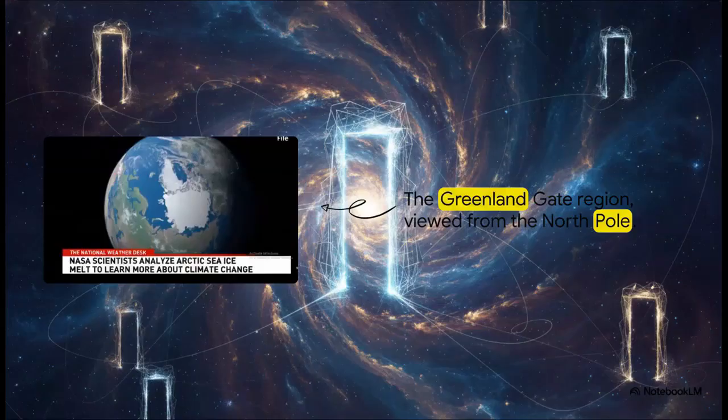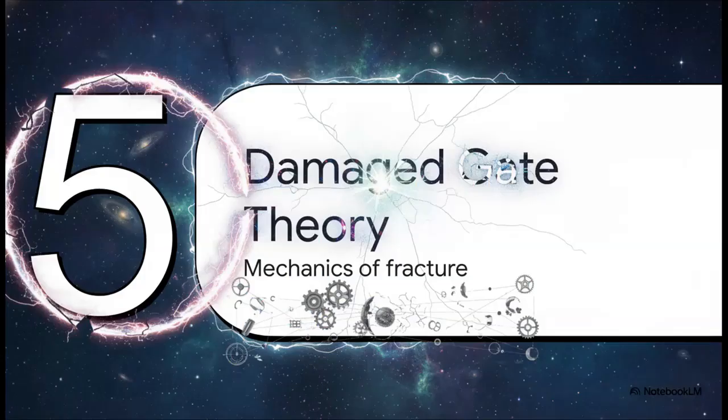If you view it directly from above the North Pole, this massive white expanse of Greenland and the swirling atmospheric patterns around it aren't just Arctic geography anymore. Under this theory, they form the boundaries of the specific gate that houses our location. Out of all 5 gate structures positioned across this map, this particular formation closest to Greenland is exactly where we supposedly reside.